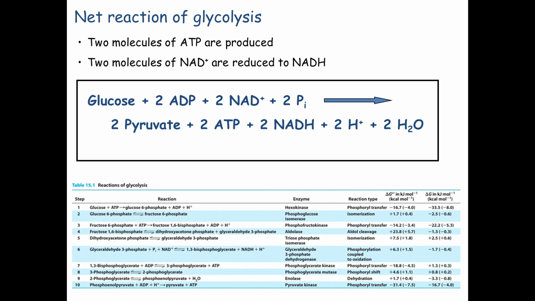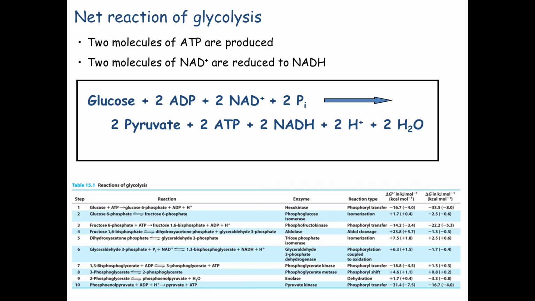I also converted 2 NADs into NADHs. I got 2 water molecules out of it. And all 6 carbons of glucose are now found in the 2 3-carbon molecules of pyruvate. So this is the net reaction of the whole thing. I get 2 ATP, I get 2 NADH. We're not too concerned with the 2 water molecules. And all the carbons of glucose are now found in the 2 pyruvates.